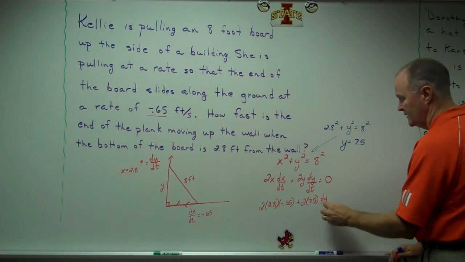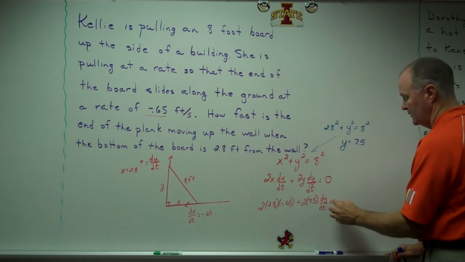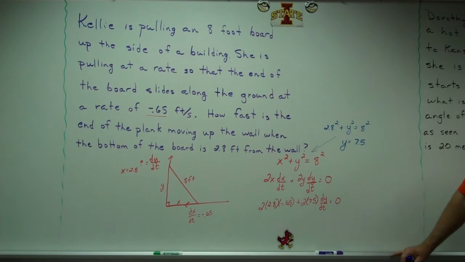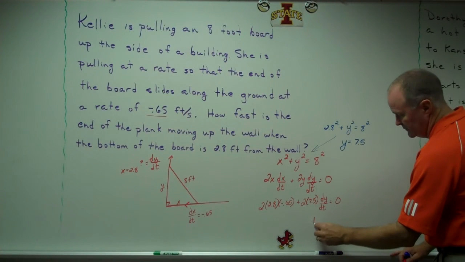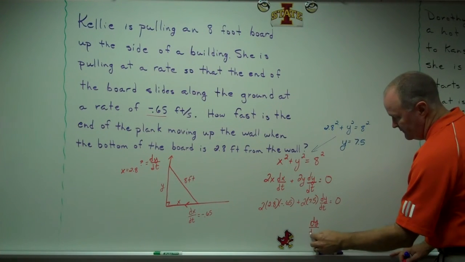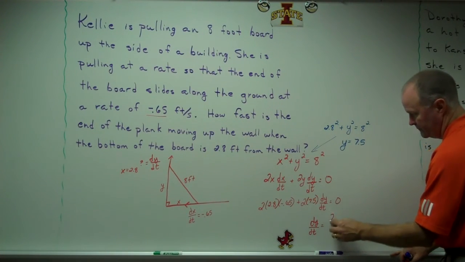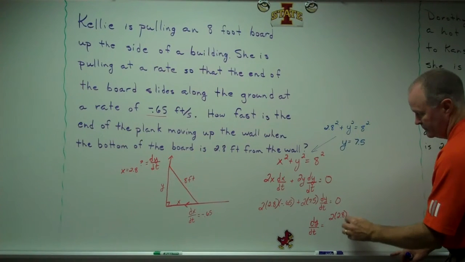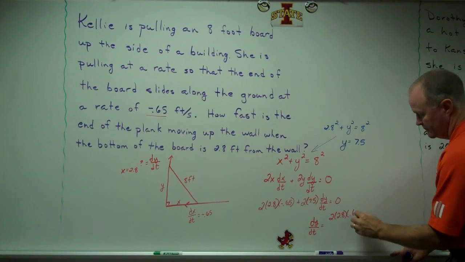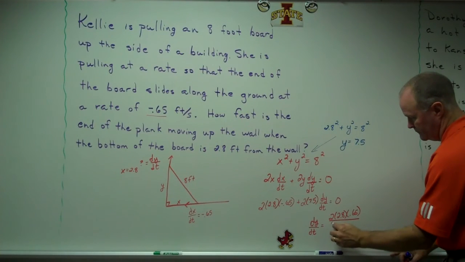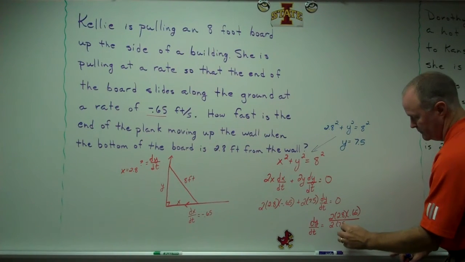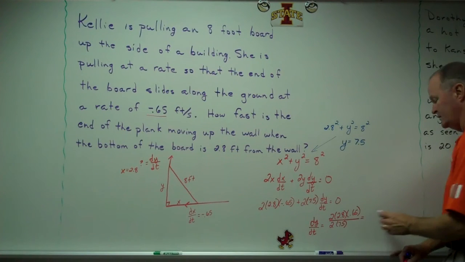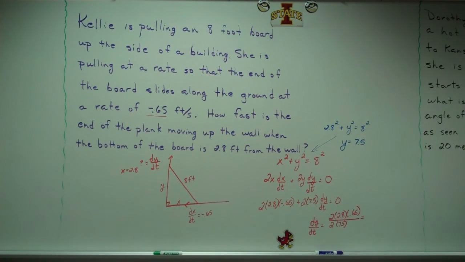I got dy dt equals 0. Now I just got to do the math. Move the numbers over and divide. Twos actually go away, and you can mess with some decimals, but I don't know.